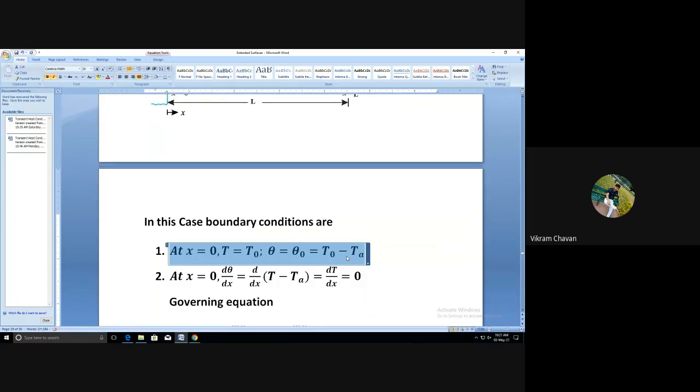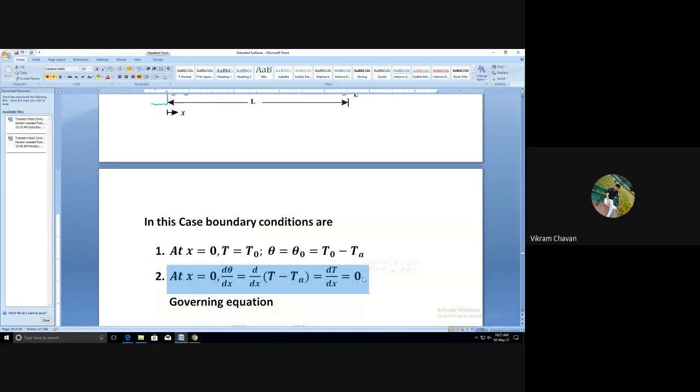Therefore, theta becomes theta naught, which is equal to T naught minus TA.